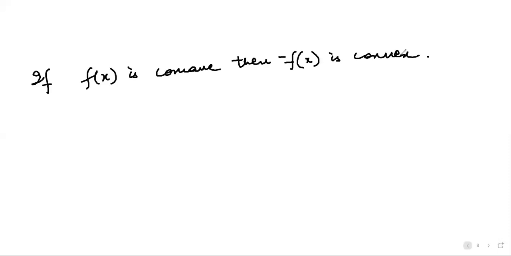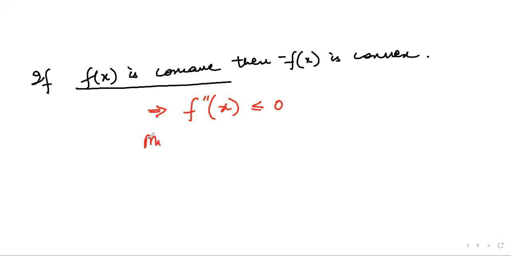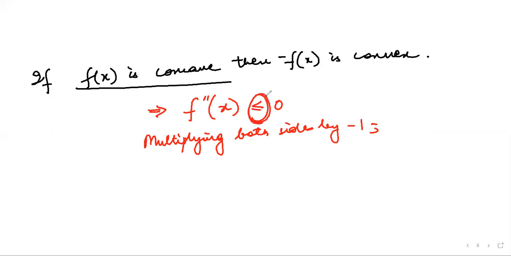So let's try this. I am saying f of x is concave. Since f of x is concave, it means f double dash x would be less than equal to 0. Now, multiplying both sides by -1. Remember, whenever you multiply something by -1 or any negative thing, this sign also gets altered.